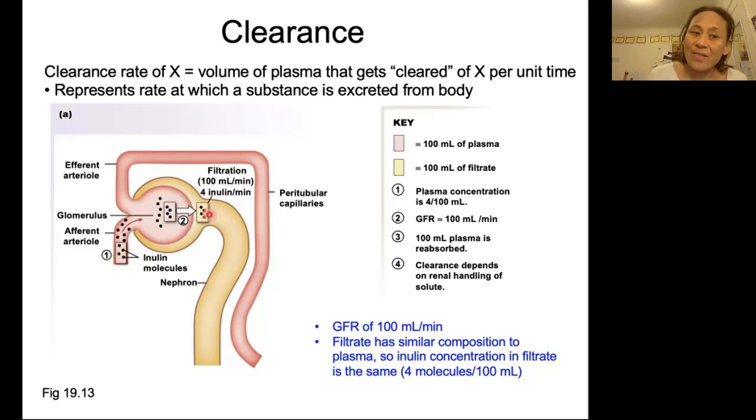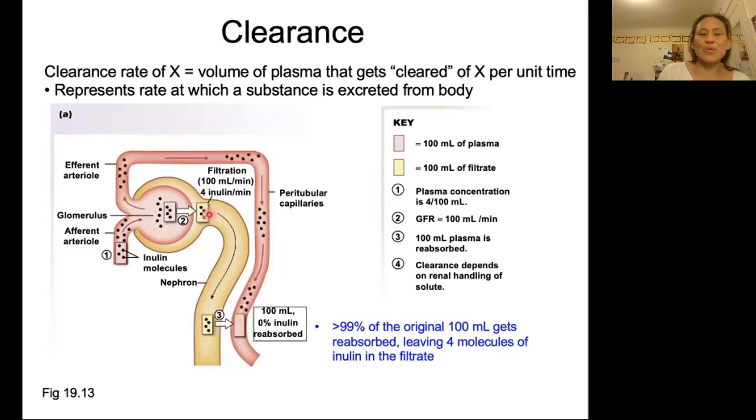All right, now let's follow what happens to our inulin or to our 100 milliliters. Okay, our 100 milliliters is going to move on down the tubule. As it does that, we are going to reabsorb fluid from the tubule, right? So remember that almost all of the fluid that filters into the tubule gets reabsorbed. For the purposes of this illustration, we're just going to say that the entire volume gets reabsorbed.